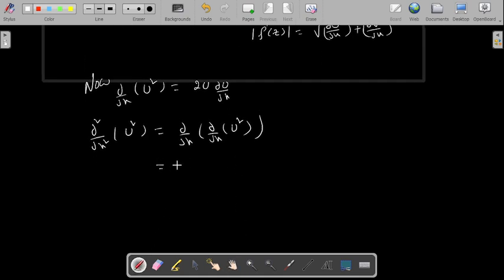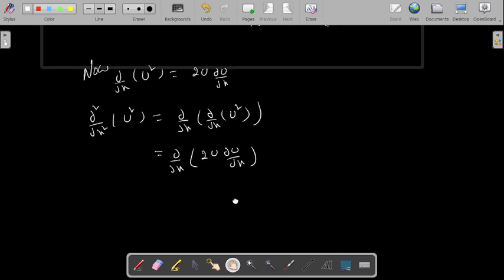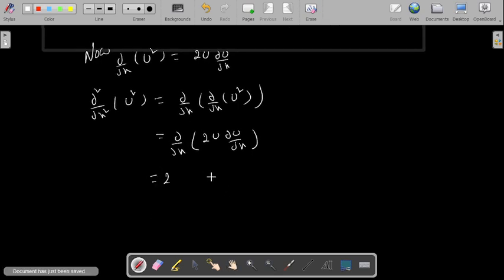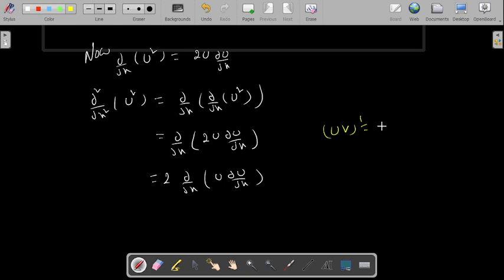So ∂/∂x of u², how much? 2u ∂u/∂x, with the 2 outside, then ∂/∂x of u times ∂u/∂x. It's like the uv rule: (uv)' = uv' + vu'. Here this is u, this is v, so we have to apply that formula.